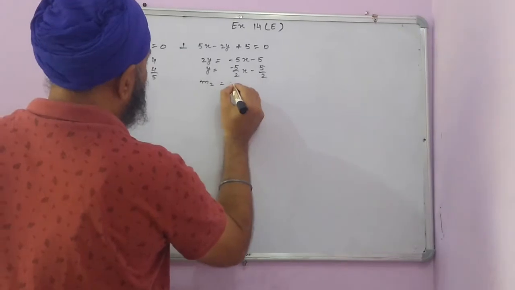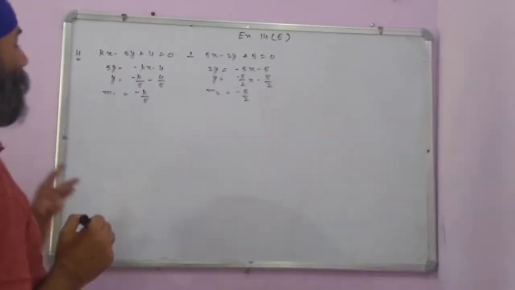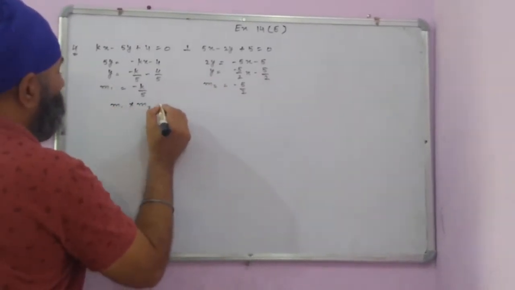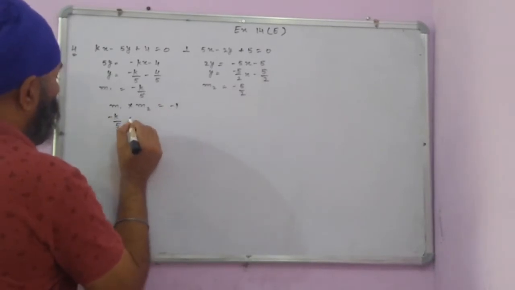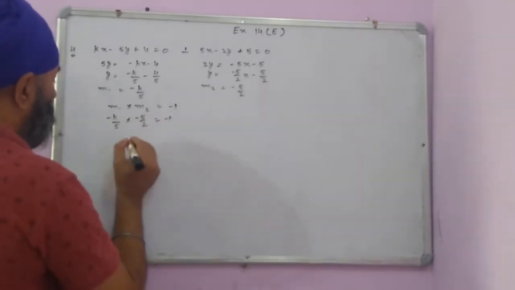So m2 is 5 upon 2. As these lines are perpendicular to each other, the multiplication of their slopes will be minus 1.